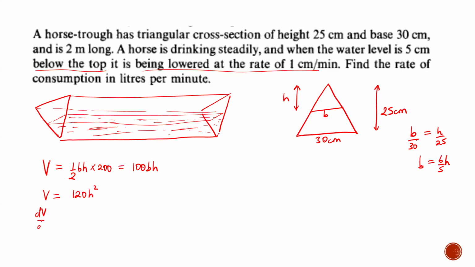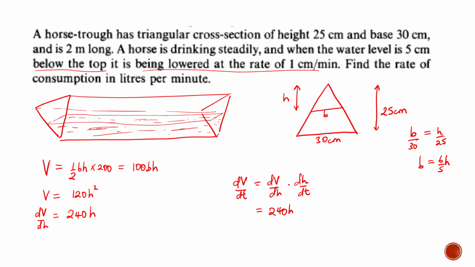I can go ahead and get dV/dH, and dV/dH is going to be 240 H. What do we want? We want the rate of consumption in liters per minute, so we want dV/dt. We know that dV/dt from the chain rule is going to be dV/dH times dH/dt. Now dV/dH is 240 H and dH/dt is what?